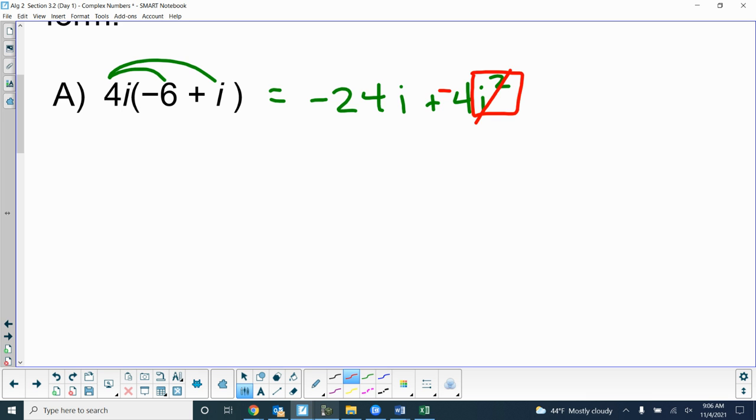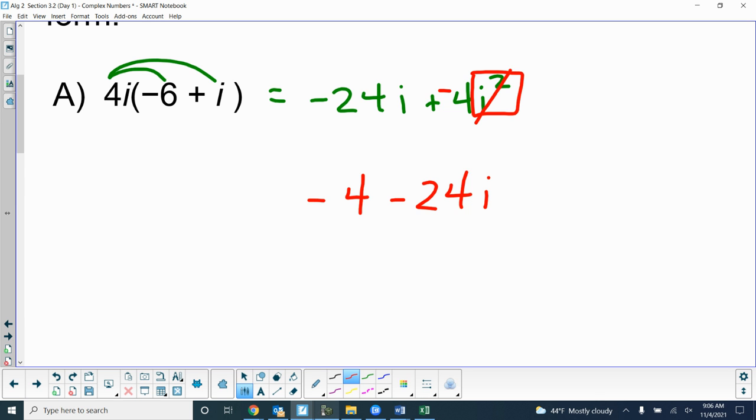Now, the proper way to write this would be the real part in front and the imaginary part in back. If you write it as negative 24i minus 4, I'm not going to count it off, but it really isn't the proper way to write it. Okay, so that i squared is showing up now. Questions on that example?